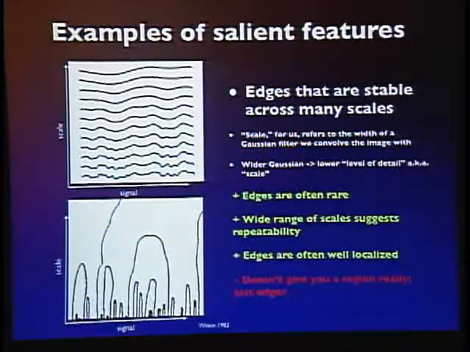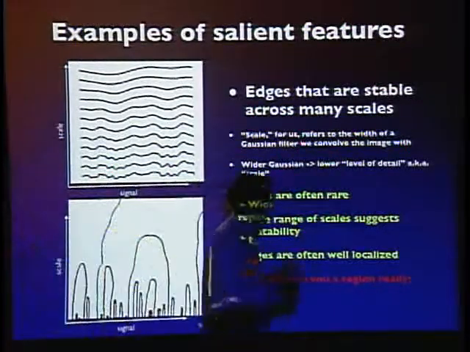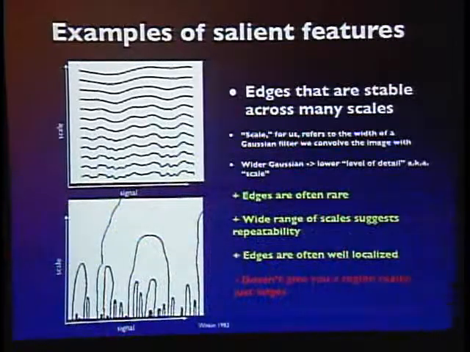So if you remember the brain image I showed you, I picked one kind of strip going through the image and I plotted the intensities from bright to dark to bright. This is another one of those. And now imagine that what I do is I smooth this thing over and over and over again with a Gaussian filter, which, as we know, removes image noise, it suppresses high frequencies from the image, and it makes edges less localizable.